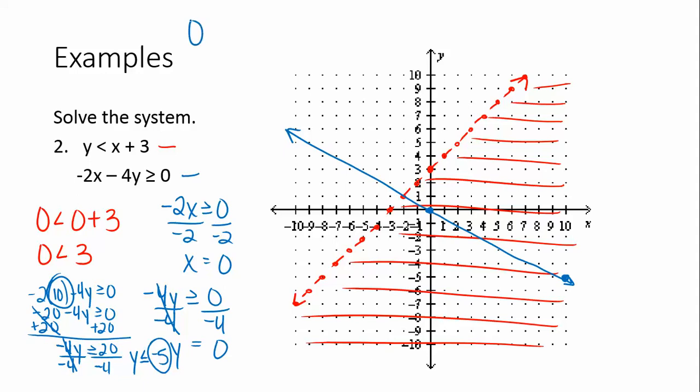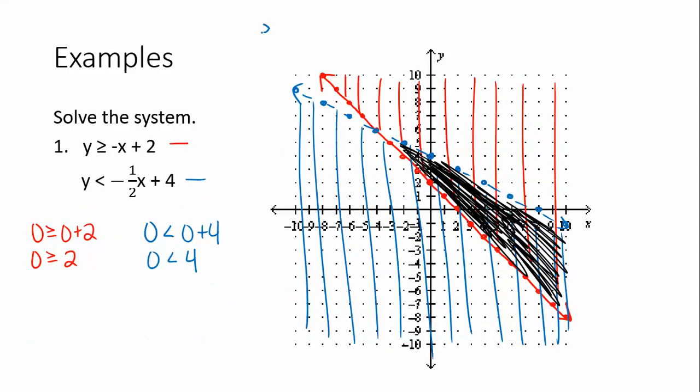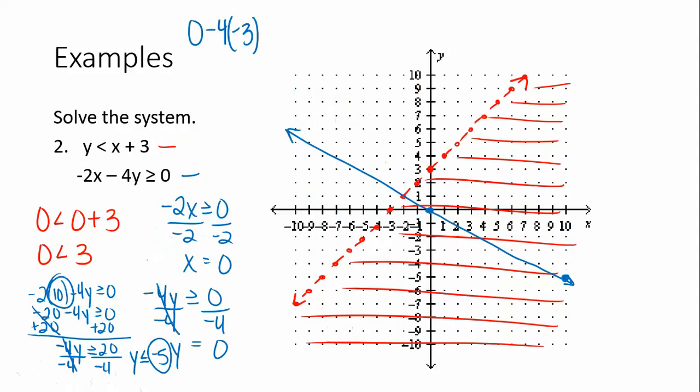So if I plug in a 0 for x and a negative 3 for y, I need to check and see if this is true. So I get 0 plus 12 is greater than or equal to 0. 12 is greater than or equal to 0. That's true. So I want to be shading down here.